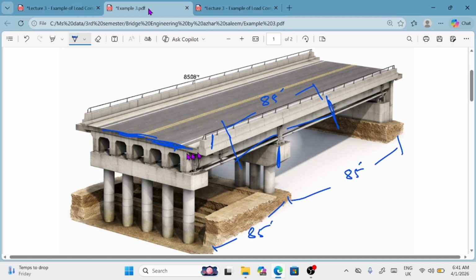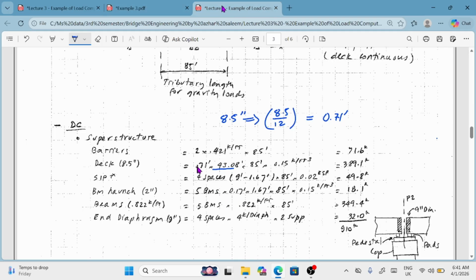Okay. So 43.08 multiplied by this length. Thickness is 8.5 inch or 0.71 feet. 0.71 feet multiplied by from here to here, it is 43.08 feet, and its tributary length is 85 feet, multiplied by its concrete unit weight.